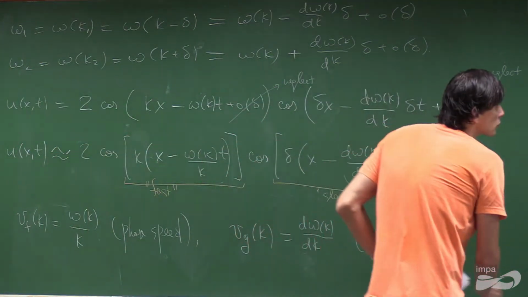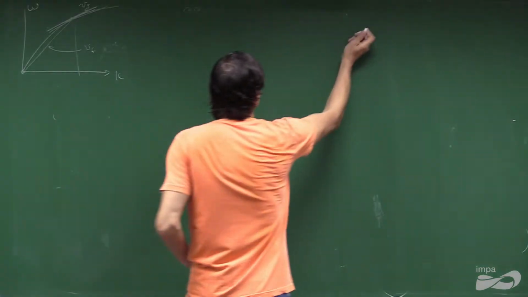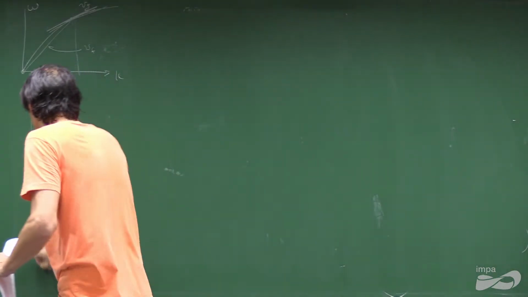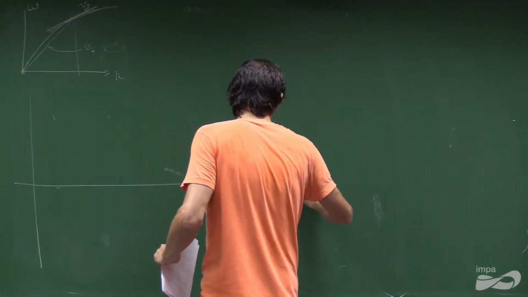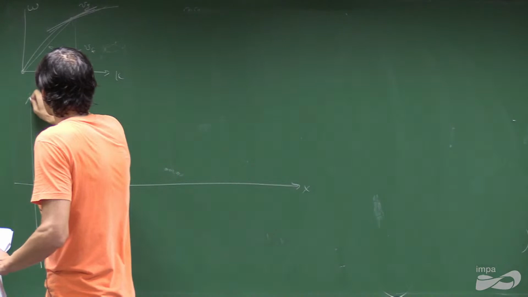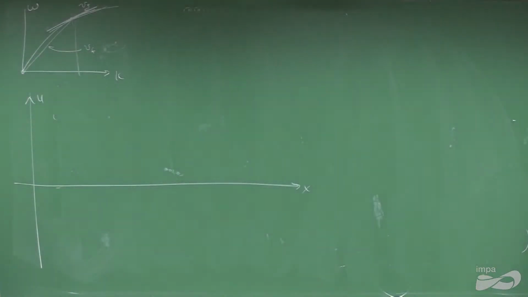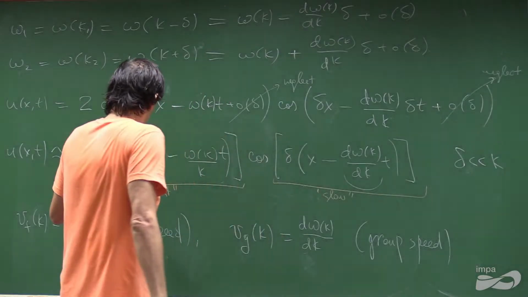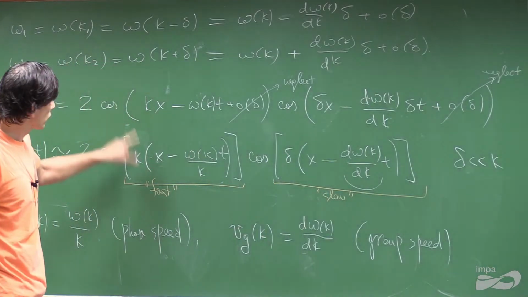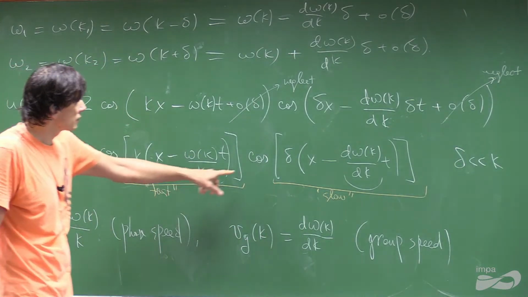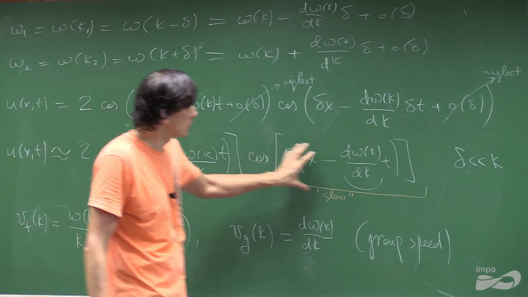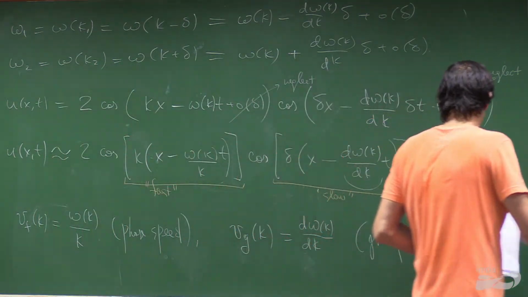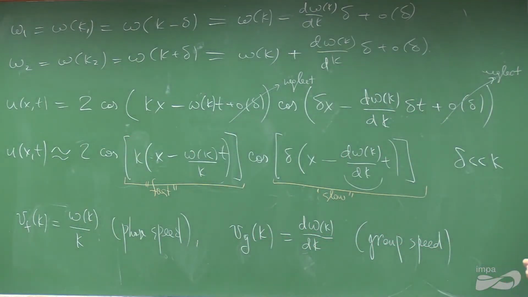So we can plot the graph. The graph is that the first cosine will give us fast oscillation, and the second cosine will give you some slow change. So we start with the second cosine. This will be slow change.